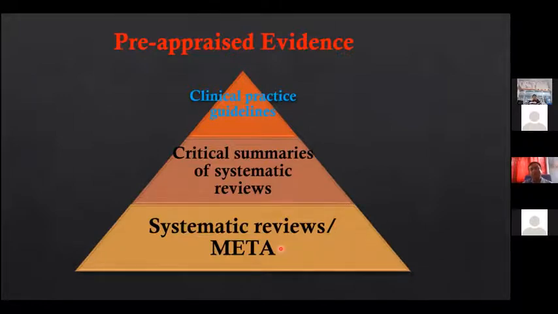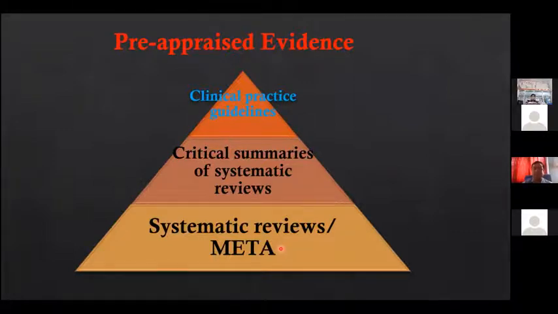Now, clinical practice guidelines are generally released by a statutory body to treat particular cases. For example, in the present scenario, the COVID cases are there. So the ICMR has come out with a detailed guideline on how to treat such patients.